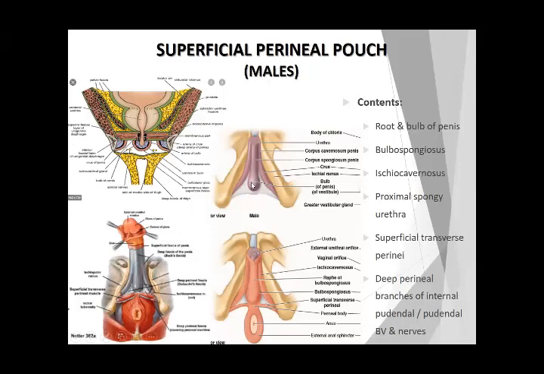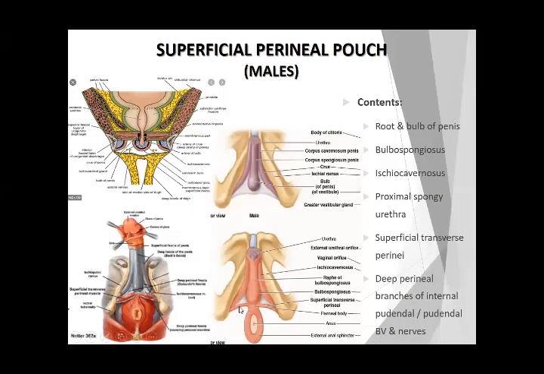This is the bulb and the root of the penis. It is surrounded by two muscles, the bulbospongiosus and ischiocavernosus. They are also part of the perineal pouch.